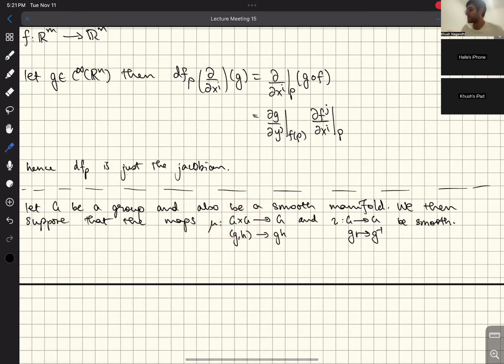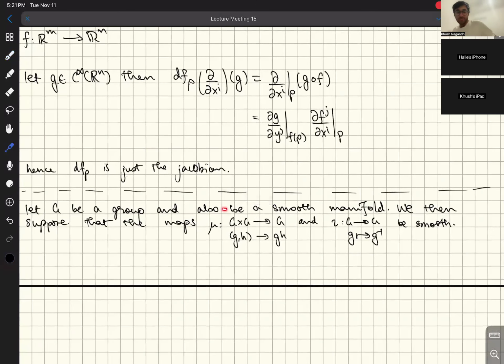I leave that as an exercise. There's only one smooth structure that makes any sense, to be honest.